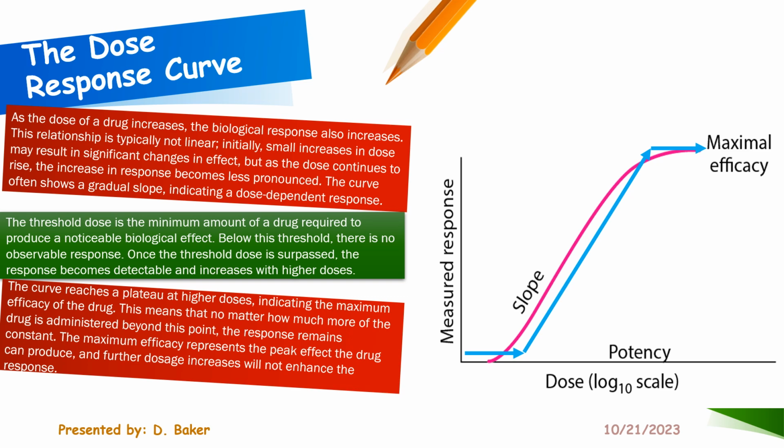Additional doses of the drug will not cause the curve to rise any further in terms of that dose response. And what will start happening here is that the patient will start experiencing serious events or adverse drug events, or experience fatal outcomes due to toxicities associated with the drug being taken.